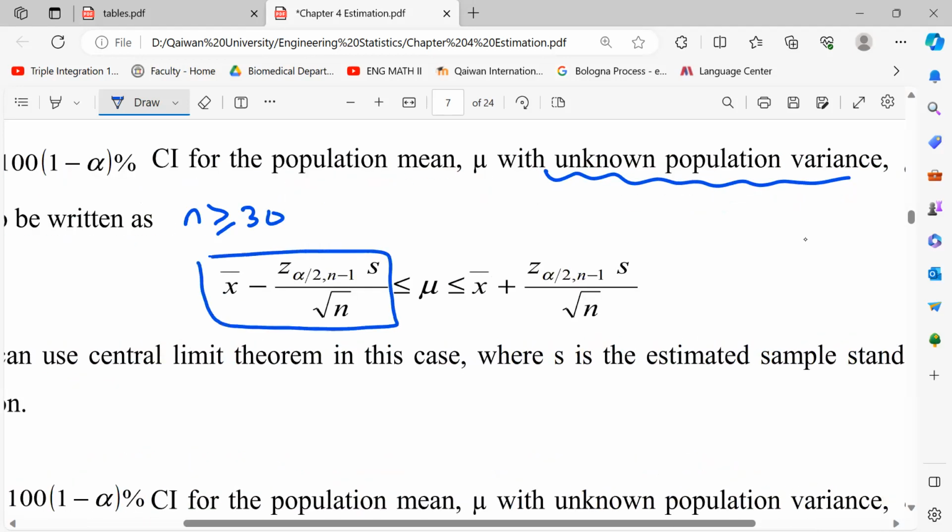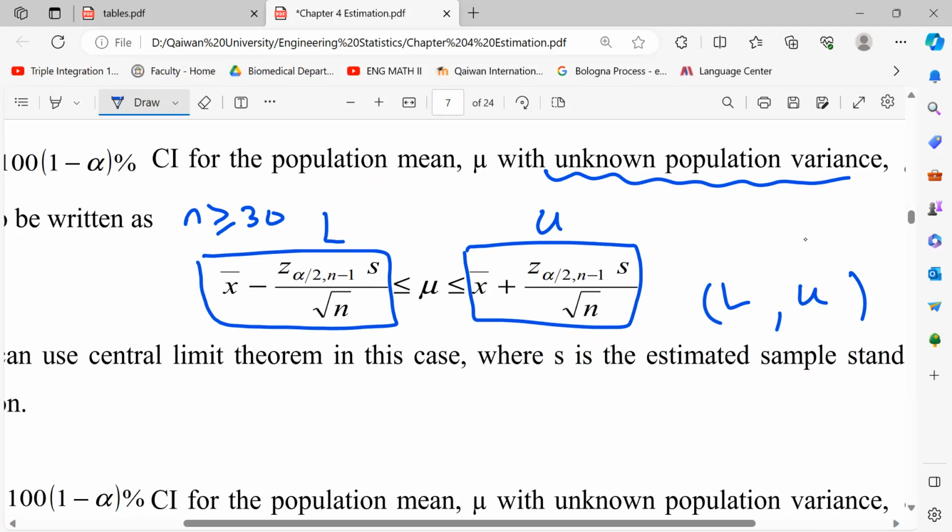This is lower and this is upper. You need to memorize these rules. This is L and this is U. You need to write down the final result as an interval, L and U. You see, this is the required confidence interval.